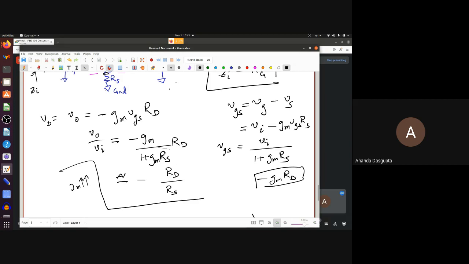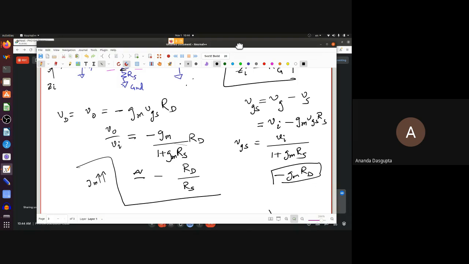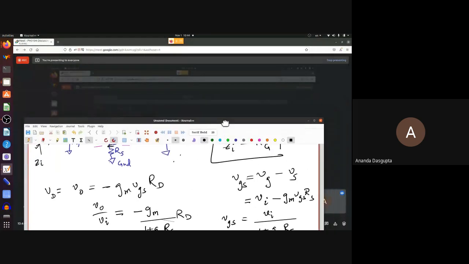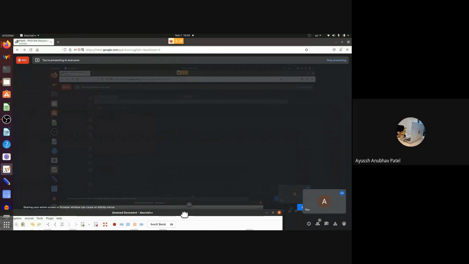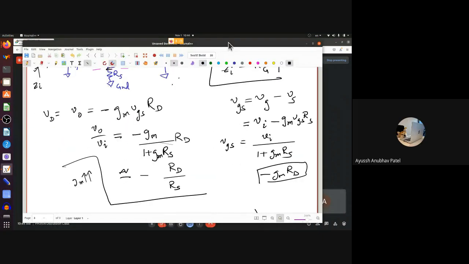Sorry, I couldn't hear after you said fraction of RD and RS. So, what I mean is that the gain is stable. Could you just repeat that once again? I guess you're saying the right thing, but I couldn't hear you properly. What do you mean? I mean the gain is stable.